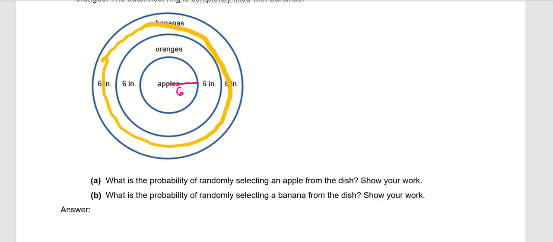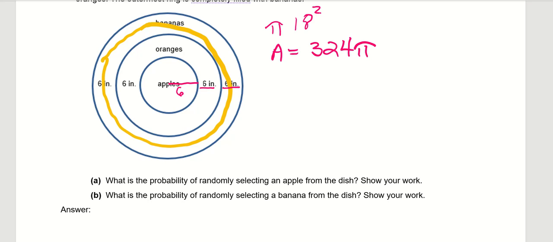This is going to be 6 here, plus 6 is 18. So pi r squared, 18 times 18 is 324. So the area of the entire circle is 324 pi.